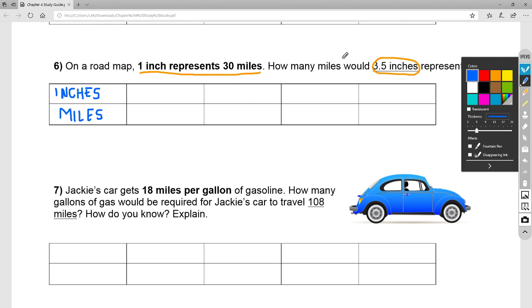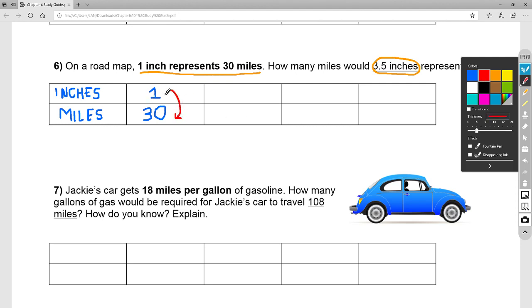In the first column, I'm going to fill in the information they gave us, which is 1 inch represents 30 miles. Again, you first need to find out what your constant is.